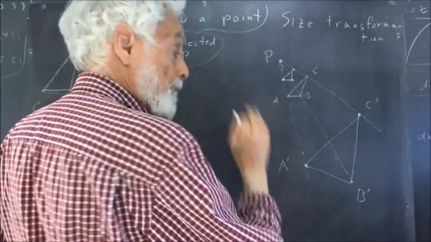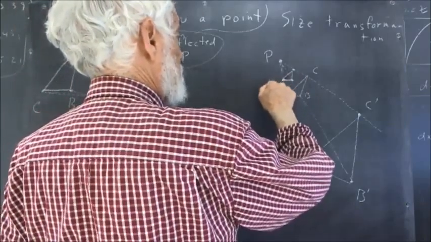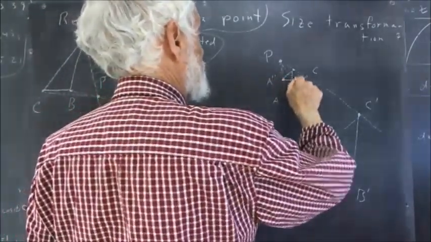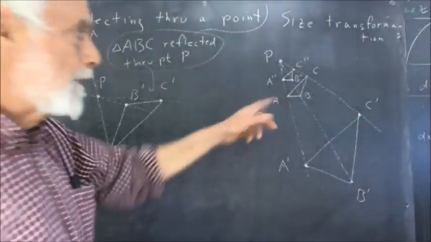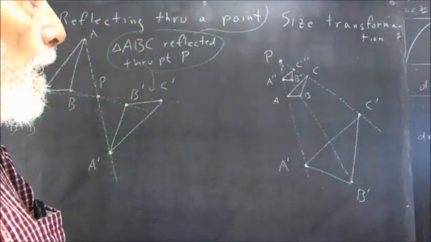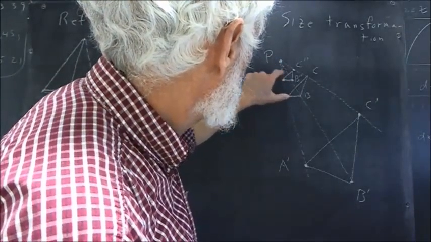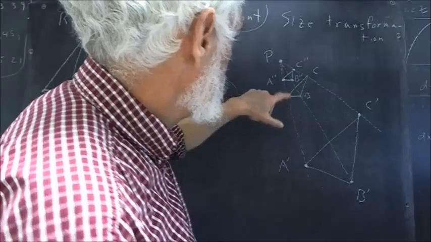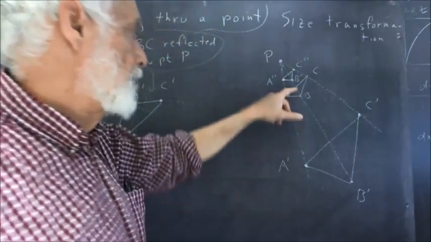But if you do that correctly and carefully, then you could have a triangle A double prime, B double prime, C double prime at half the scale. And my point B double prime, I can't tell really. That point's probably a little too far. If it moves up a little bit, I think we get a better indication of the shape.